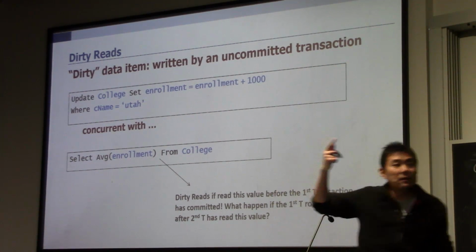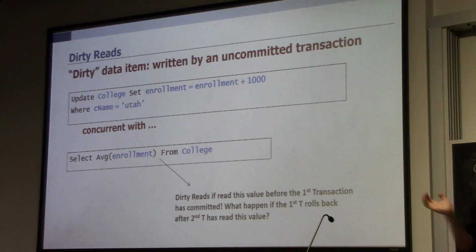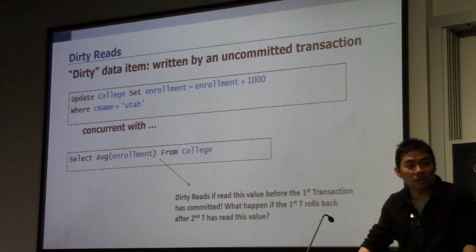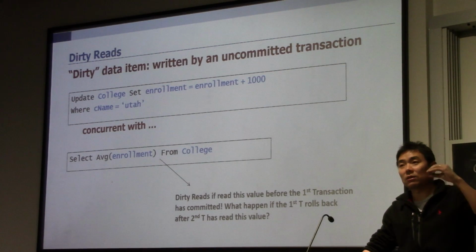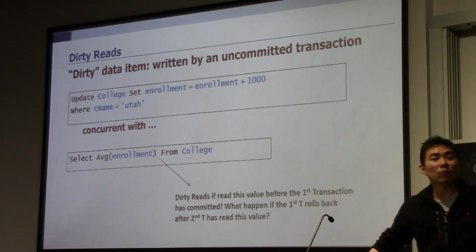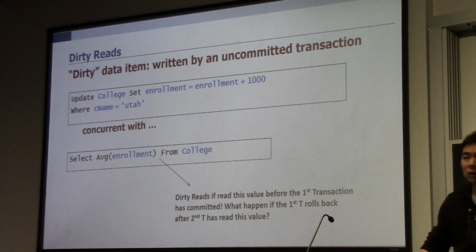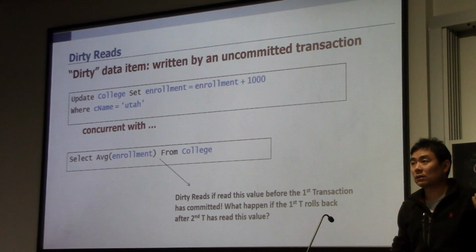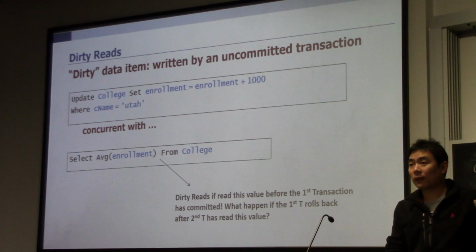And when that happens, the second transaction is forced to roll back as well, because now you're relying on inaccurate values. So the second transaction will be forced to roll back as well, even though it doesn't want to roll back, but you will be forced to because of that dirty read. Okay?